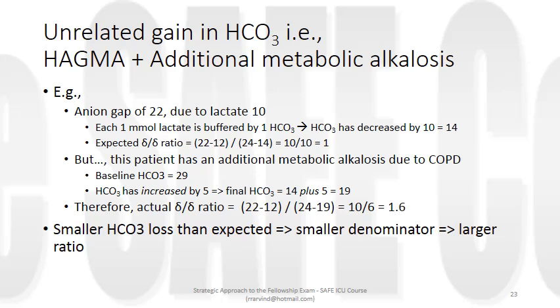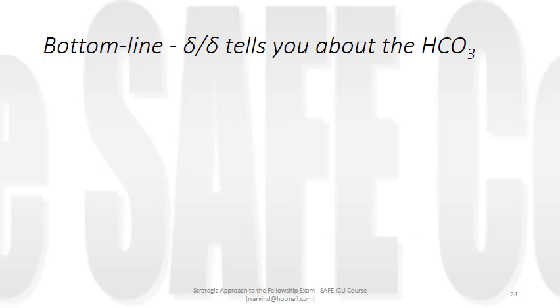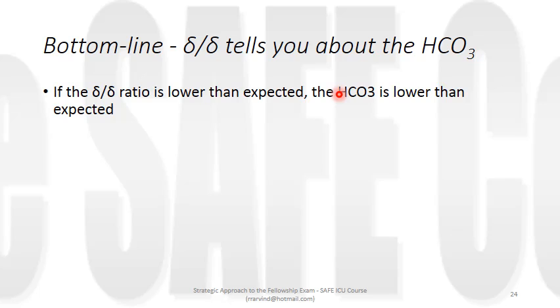Now, when I have to work this out, it's not intuitive, because it's maths. So the bottom line is that the delta-delta gives you a clue about the bicarb. If the delta-delta ratio is lower than expected, the bicarb is lower than expected, which means there are two sources of loss of bicarb, which means this is a high anion gap plus a normal anion gap metabolic acidosis.